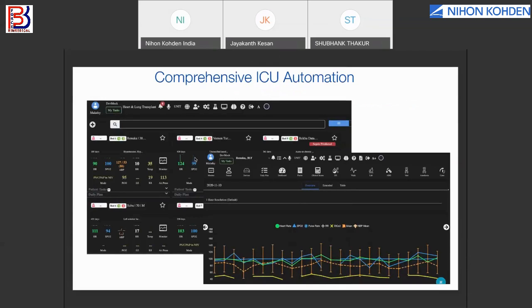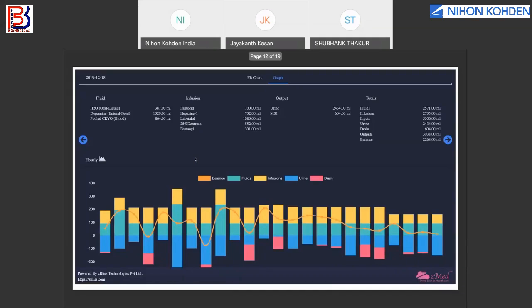So now coming back, our application is one such application, Zmed. And these are some of the screenshots that we have. This is an ICU dashboard and the trend data. I will briefly give a demo of our application also. This is the fluid balance chart.